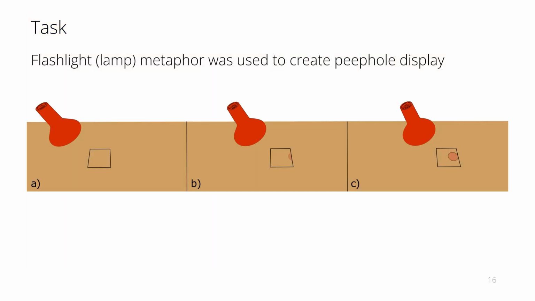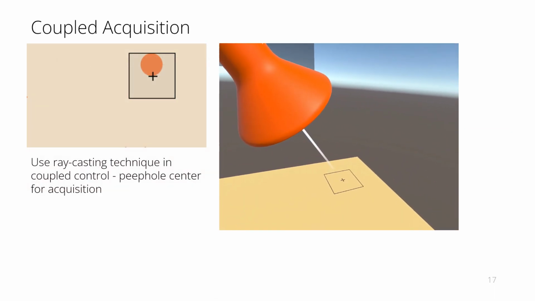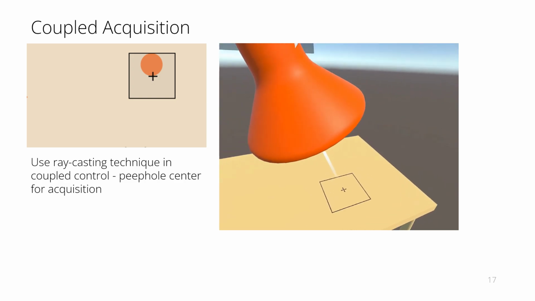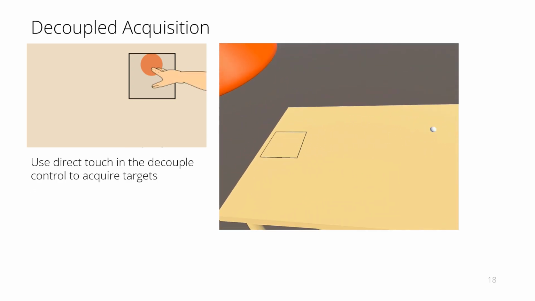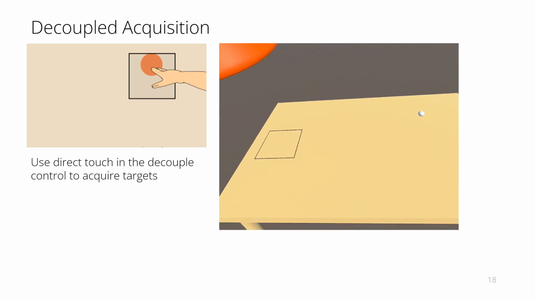We use the flashlight or lamp metaphor to create a peephole display on virtual surfaces due to its popularity in many dynamic peephole systems as shown before. The coupled control uses a raycasting technique where the peephole center is used for acquisition. While with decoupled control, we use direct touch to acquire the targets when we find these targets.